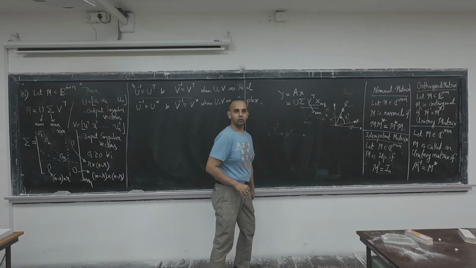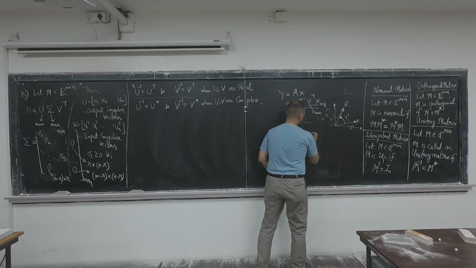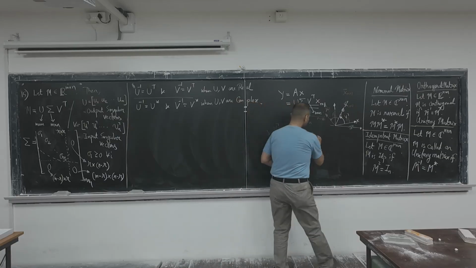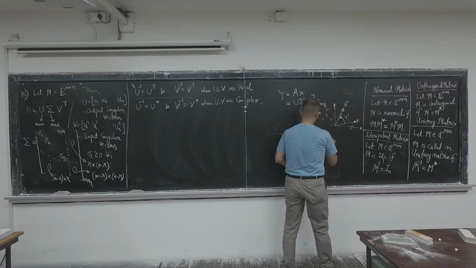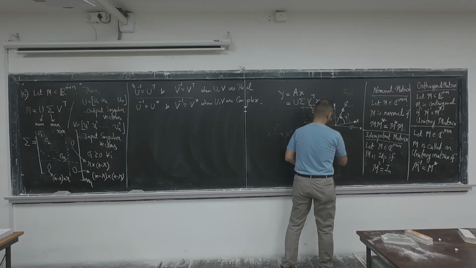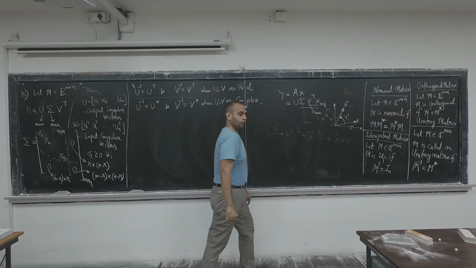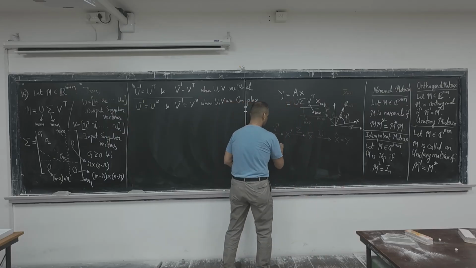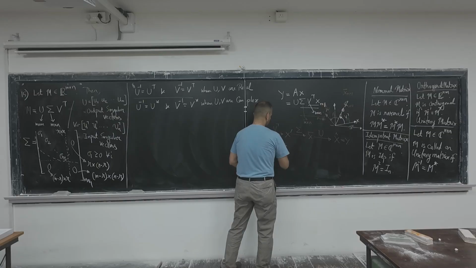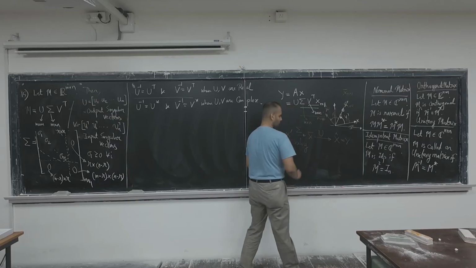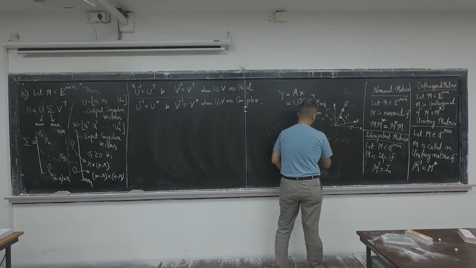From X prime we get X bar, that is because of sigma. And then from X bar we get X hat, which is nothing but Y, that is because of U. So here this is one rotation, or we call it the input rotation, then scaling in magnitude, then another rotation.